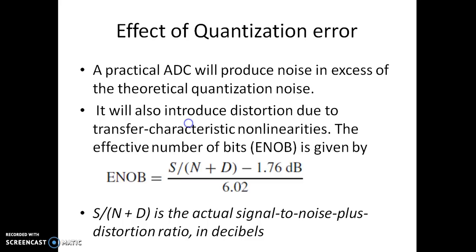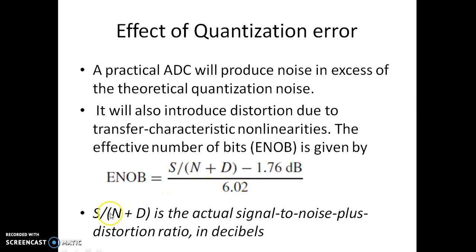The effective number of bits, ENOB, is given by the signal to noise ratio, that is signal divided by noise plus distortion, minus 1.76 dB, divided by 6.02.